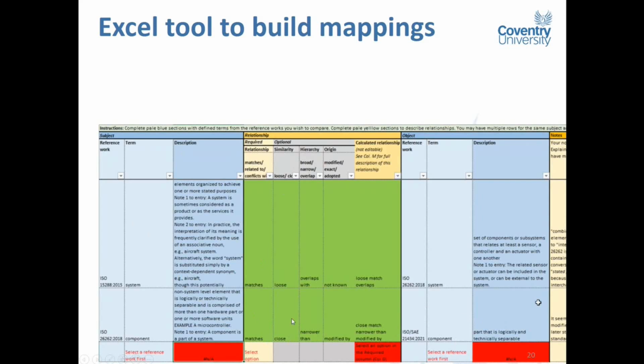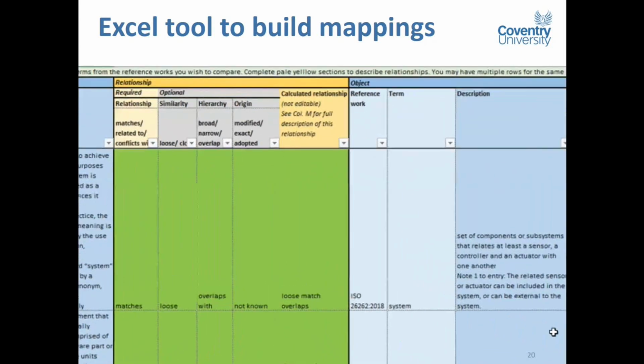Actually, it's quite close, but one of the terms is narrower than the other term. And the 21434 term was modified from the 26262 term. So you can capture the relationship either way, but modified by or modified from, depending which is on the left or the right in your spreadsheet.